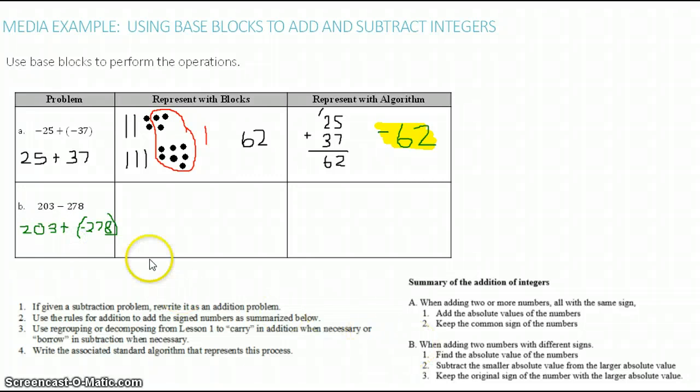So now we can go to our adding rules, and it says when you're adding two numbers with different signs, find the absolute value of the number, subtract the smaller absolute value from the larger absolute value, and keep the original sign of the number with the larger absolute value. So what this means is we want to find the larger absolute value, 278, minus the smaller absolute value, 203.